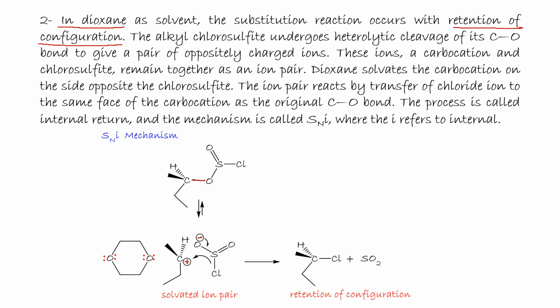Dioxane solvent solvates the carbocation on the side opposite of the chlorosulfite.